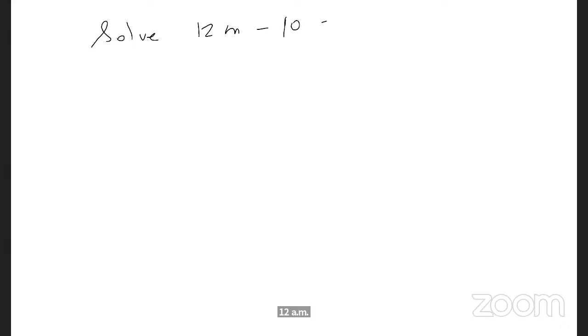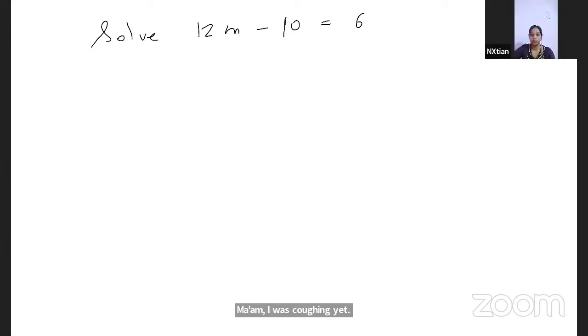Okay, solving another equation. It says solve 12m minus 10 equals 6. Ma'am, I was copying it. Can you repeat it, Abraham? I cannot really hear you.